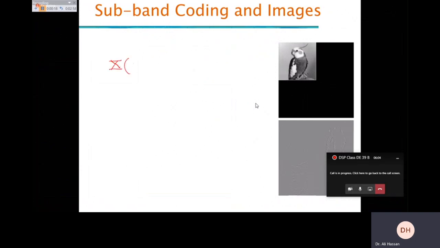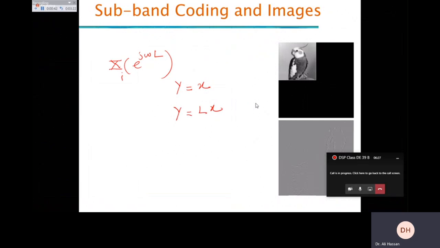The interpolated version is X of e to the j omega L. And then I explained that if you have a relationship which says y is equal to x, and you have a relationship y is equal to Lx.